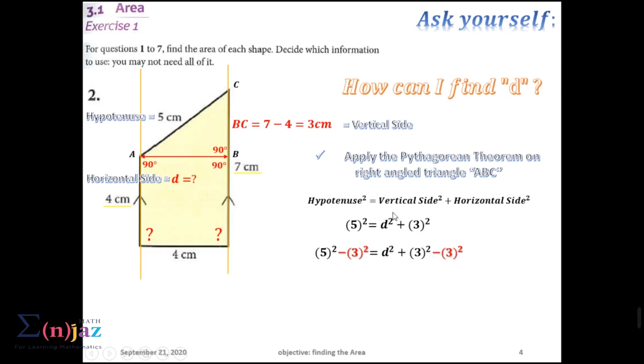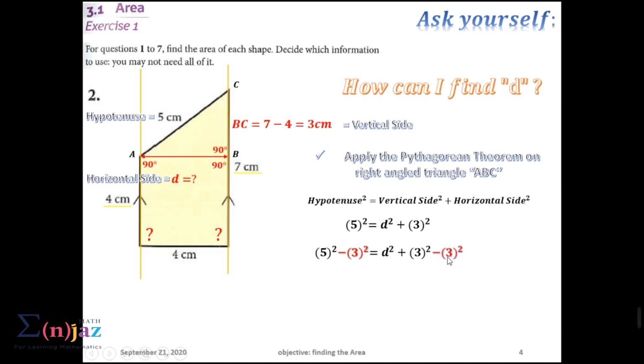Why? Because the operation between the unknown, which is D squared, plus 3 to the power of 2, is adding. So we solve for D by applying opposite operation. We're isolating D. We want D on its own on this side. So we're going to subtract 3 to the power of 2.